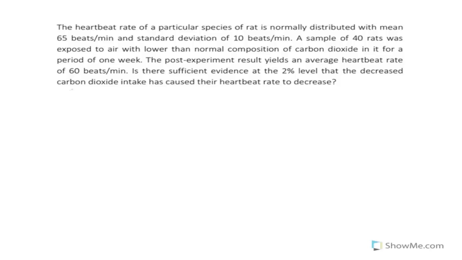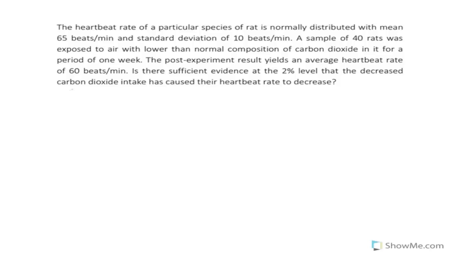The post-experiment result yields an average heartbeat rate of 60 beats per minute. Is there sufficient evidence at a 2% level that decreased carbon dioxide intake has caused their heartbeat rate to decrease?